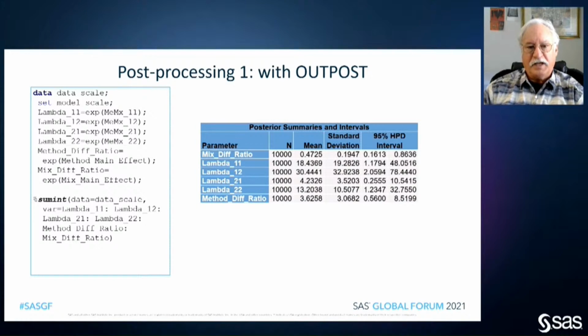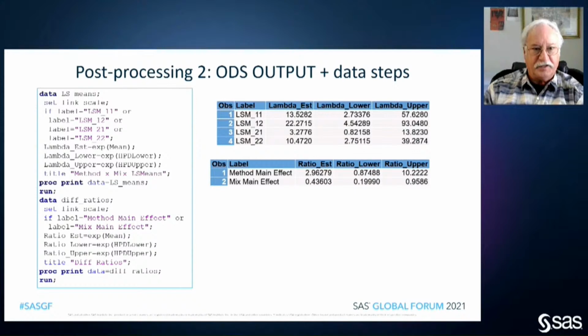So you see that for mix, the ratio between the mix mean for mix 1 and for mix 2 is about 0.47, and its interval extends from 0.16 up to 0.86. Then you see that the mean estimates on the actual data scale, the rate parameter estimates for the 4 treatments are 18.4, 30.4, and so forth. So you can do that. That's the one approach to doing this.